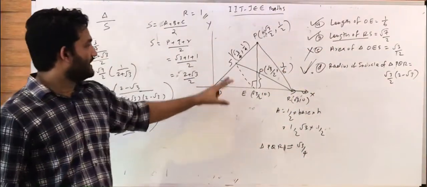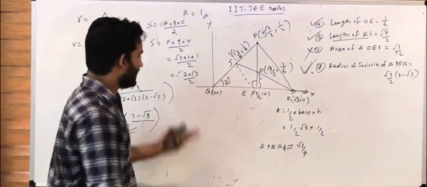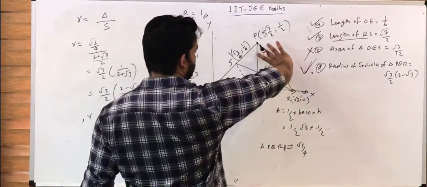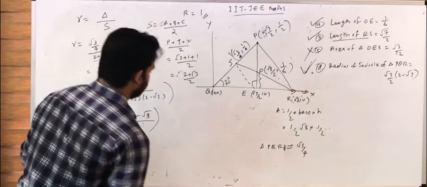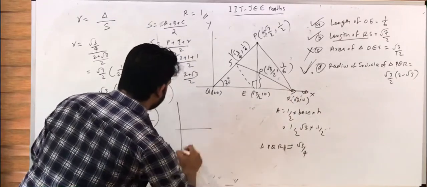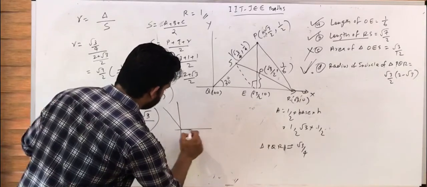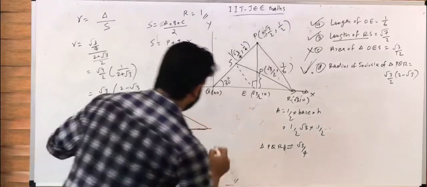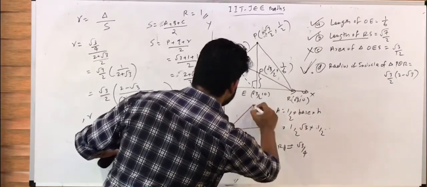Here, why I chose this orientation of PQR: I can choose some other orientation too, because I can choose PR to coincide with the x-axis. Then there will be some more orientations. See, I can choose an orientation like this. Also there is one more orientation I can choose like this.